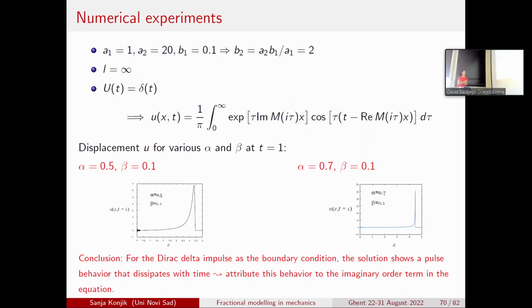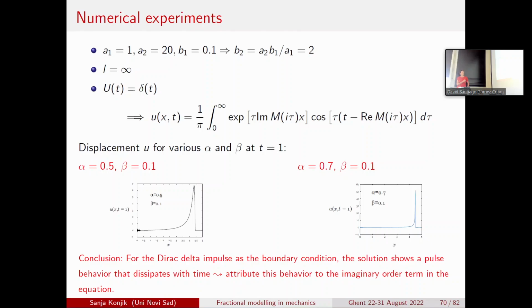Remember, alpha and beta come from the orders of fractional derivatives in our constitutive equations, alpha plus i beta and alpha minus i beta. We chose alpha to be 0.5 or 0.7, and for beta, the imaginary part, we chose 0.1. If you look at these pictures, you see your solution U, which propagates with time for these two sets of values of fractional derivatives.